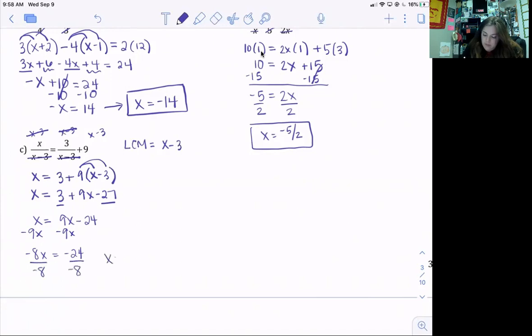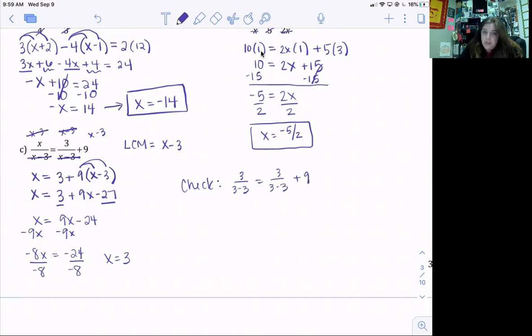So x equals 3. The one thing we have to be careful about when we have variables in our denominator is that we check to make sure that if we plug it back in, it works. So if we plug x equals 3 back into our denominator, we would get 0. So if we plug this in, we'd have 3 over 3 minus 3 equals 3 over 3 minus 3 plus 9.